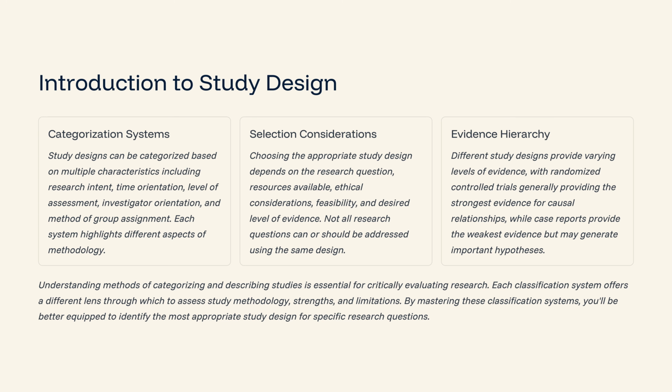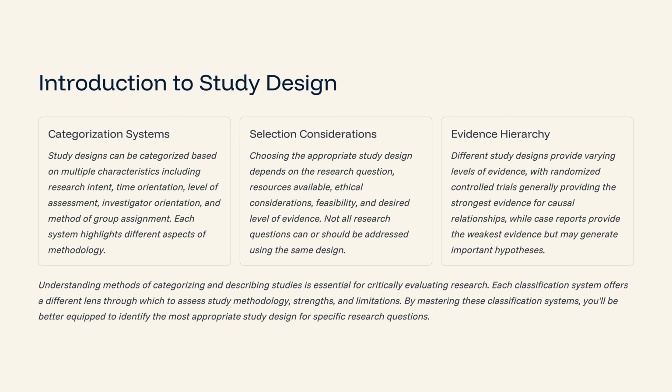Study designs can be categorized into different characteristics such as their intent or how they're timed or their level of assessment, things like that. They can also be categorized into how one selects the study design. So meaning, are you going to choose your study design based on research question or resources available or ethical considerations?